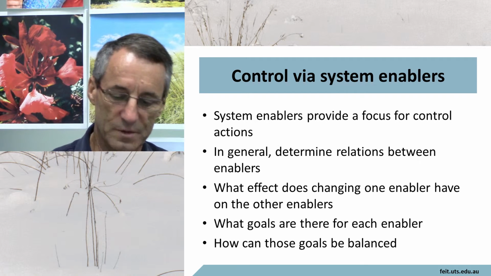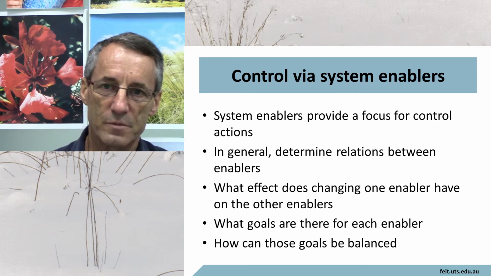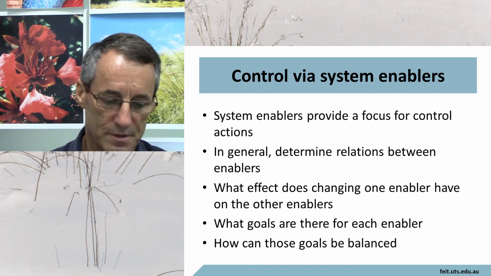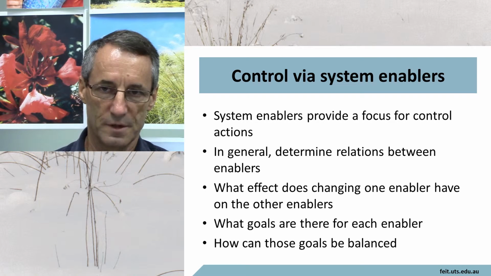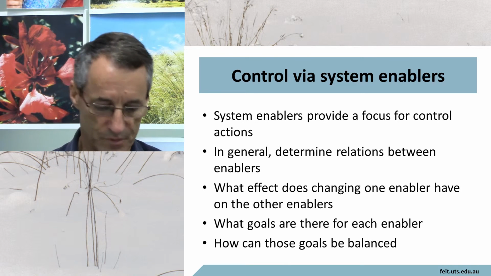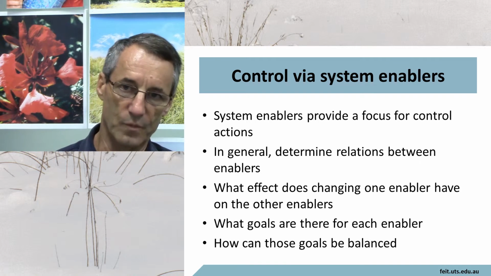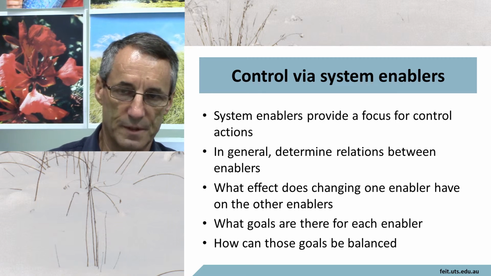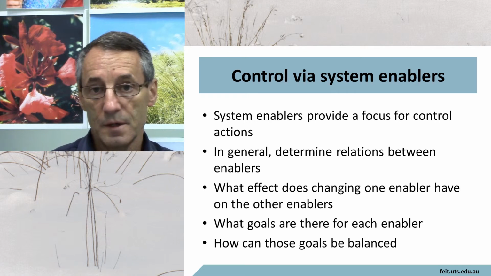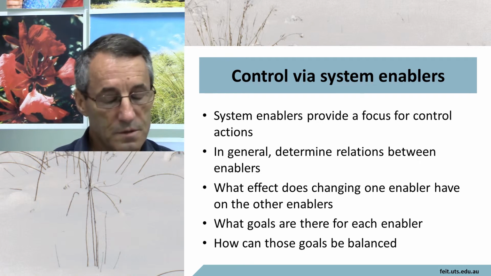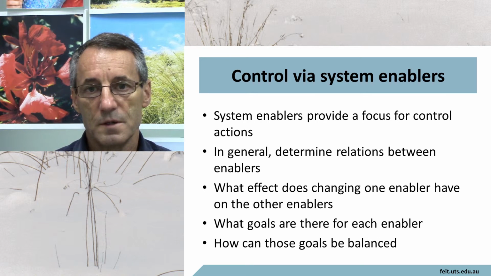Now, in general, what you have to do is you determine the relationships between the enablers and see which has more effect, and you determine the relationship through the goals. Now, what effect does changing one enabler have on the other enablers? That sometimes can be reasonably subtle, but it's a point to be considered.